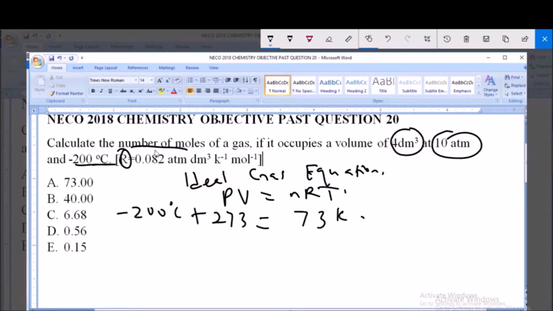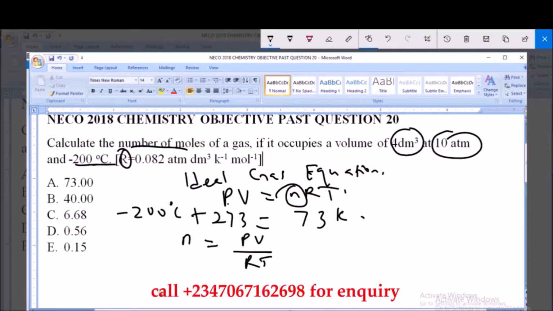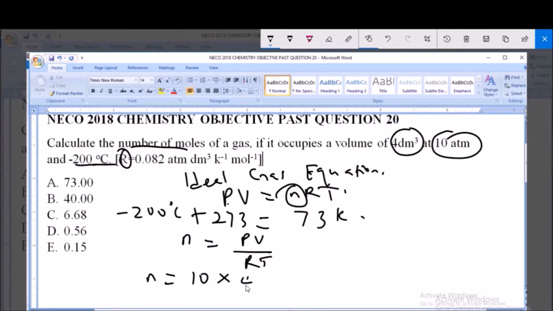So we are looking for number of moles, n, and we are given the other variables. If you make n the subject of the formula, n is equal to PV over RT. So we can substitute each value now. P, pressure, is 10 atm times V, volume, 4 dm cube, over R, which is our constant, 0.082, times T, which is our temperature in Kelvin, 73 Kelvin.